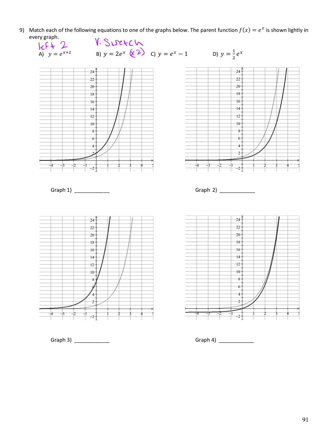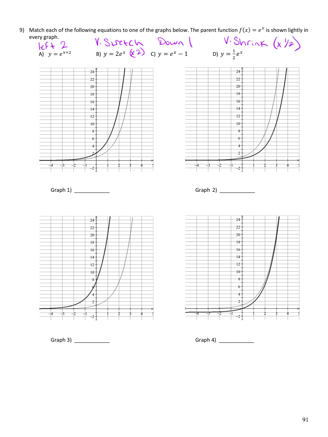The minus 1 is outside of the function, not up in the exponent like it was over here. So this is a shift down 1. And then 1/2 times e to the x is multiplication outside the function, so this is a vertical shrink times 1/2.